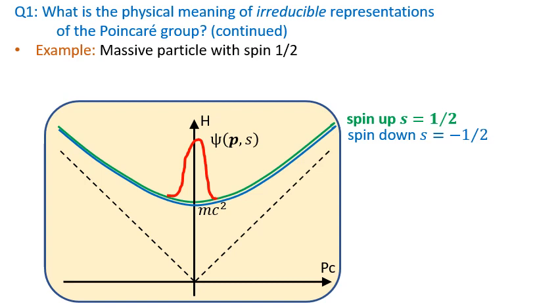If we choose the initial wave function on the spin up hyperboloid and apply to it all possible boosts, then, as we described earlier, we'll be able to explore the spin up portion of the Hilbert space.